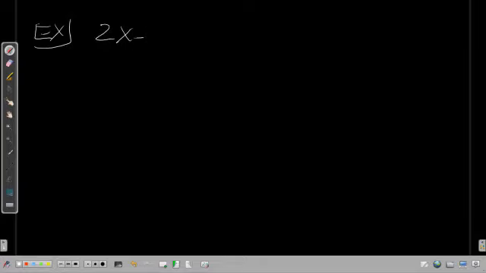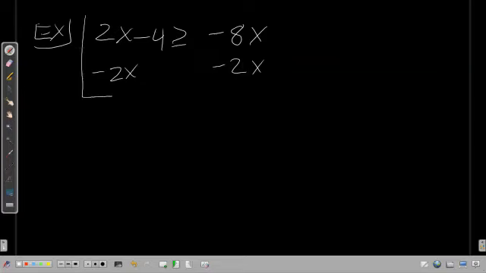So it was 2x minus 4 is bigger than or equal to minus 8x. So instead of adding the 8x to both sides, we're going to subtract the 2x. Now, if you know what's about to happen, don't say anything. So I'm going to subtract the 2x on both sides. Then over here, that adds up to 0.